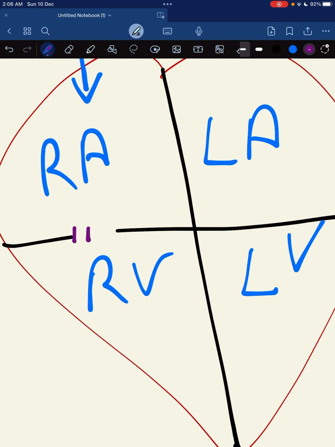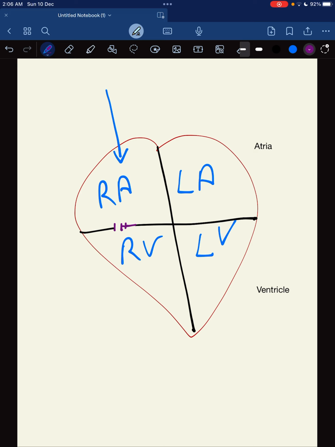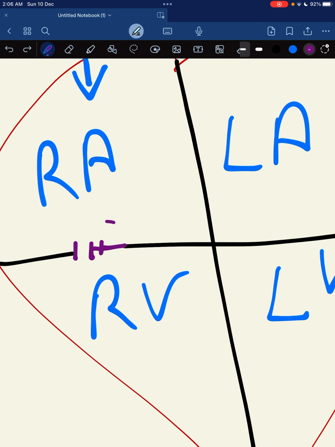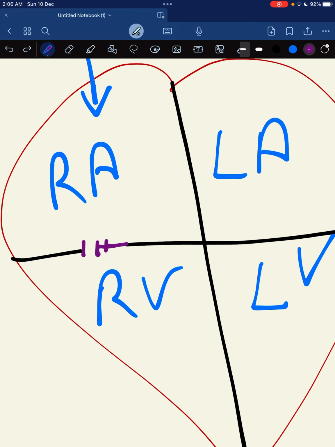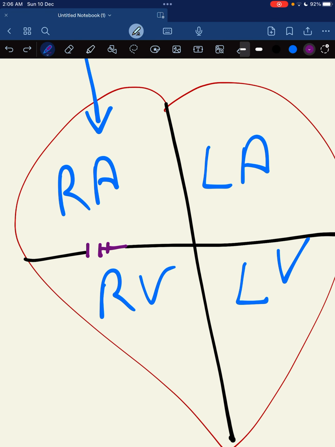What are valves? The valves are one way. Blood can come this way, from the right atrium to the right ventricle. The blood cannot go from the ventricle to the atrium. We don't want this blood to go up, so that's why it is one way.